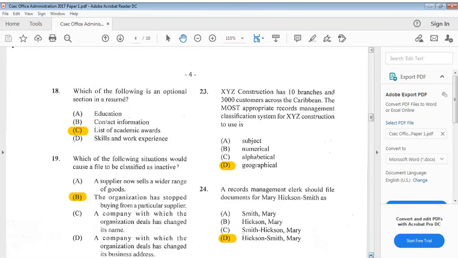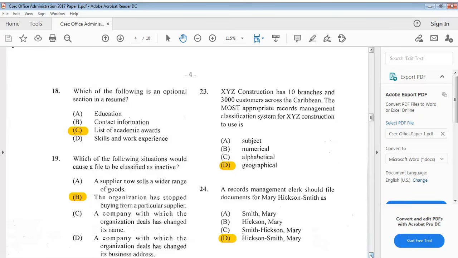Which of the following situations would cause a file to be classified as inactive? A. A supplier now sells a wider range of goods. B. The organization has stopped buying from a particular supplier. C. A company with which the organization deals has changed its name.